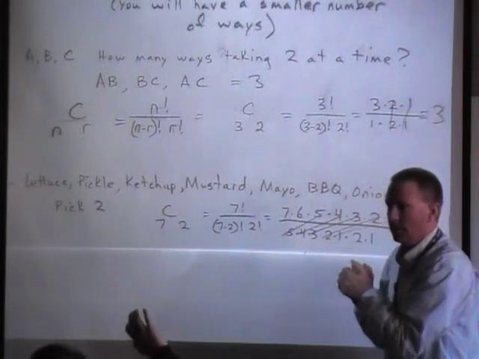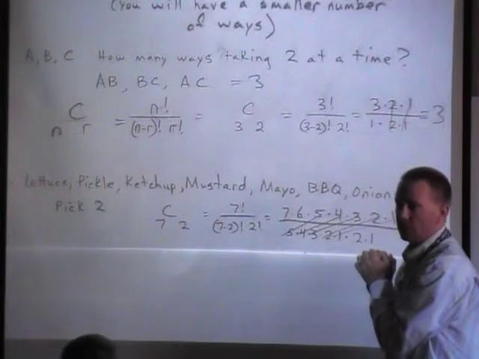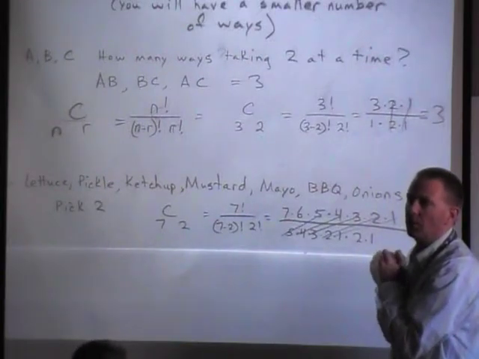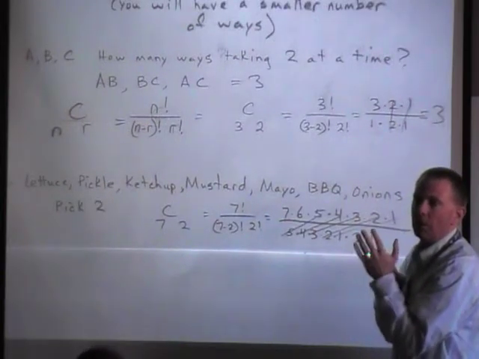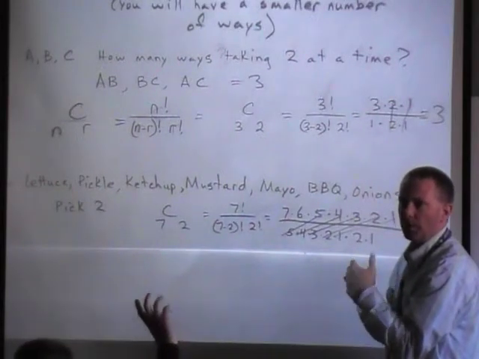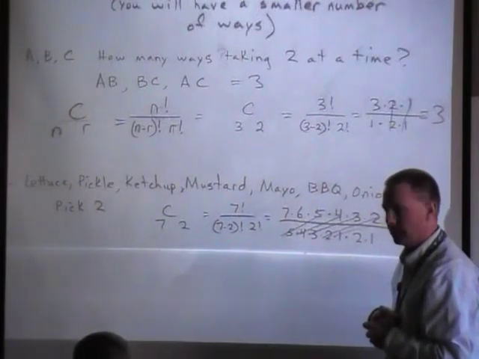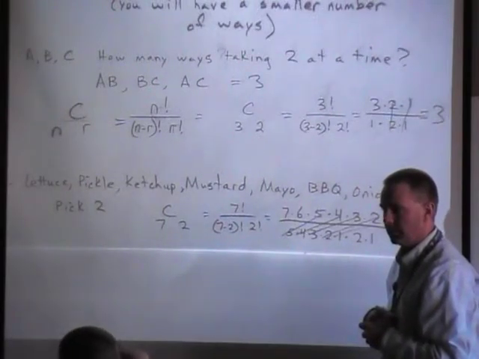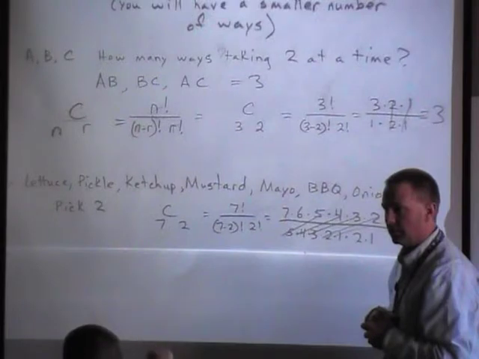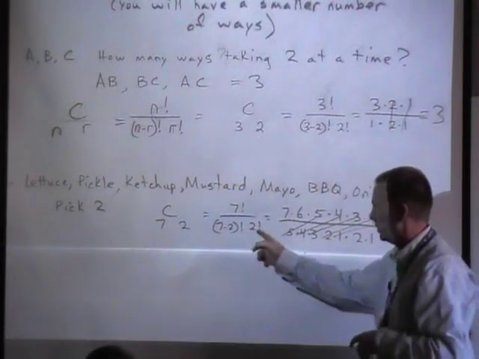Can't you divide 6 by 2 and then get rid of the 2? Yes. If you're doing this longhand, which is what we used to have to do, you would definitely reduce before you multiply. Yeah, that's fine. But then you still need 2 factorial.